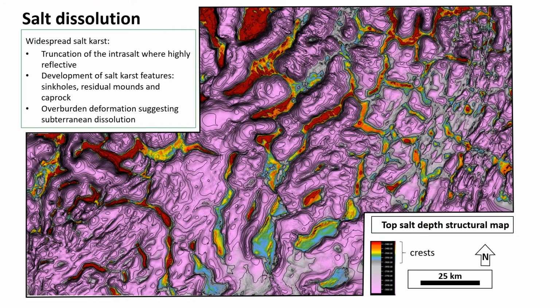The end of deepwater sedimentation was followed by widespread salt karst. In the next slides, I will illustrate evidence of salt dissolution at three locations, including truncation of the intrasalt, salt karst features, and deformation of the overburden, suggesting subterranean dissolution.